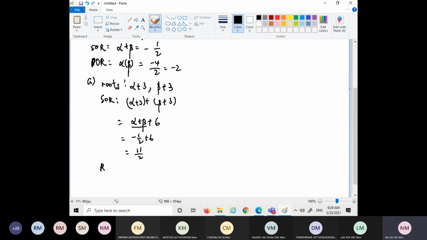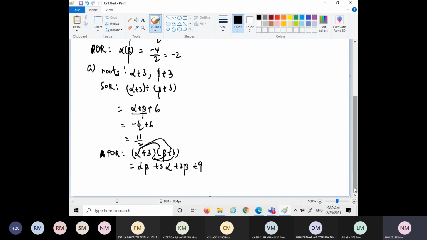Then same thing, POR. POR is the product of the two roots, so alpha plus 3 times beta plus 3. Do the expansion: alpha beta, 3 alpha, 3 beta, 9.